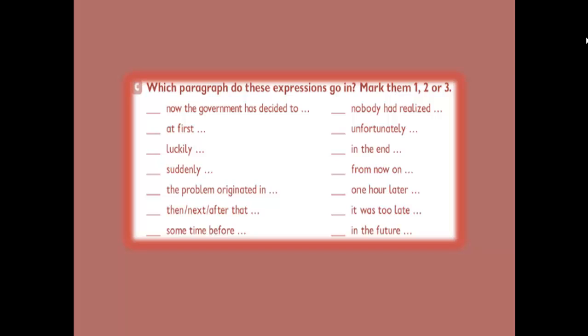Nobody had realized. Also here, number 1. Unfortunately, number 2. We are talking about the events. In the end, we are talking about the future, what will happen now. From now on, we are talking about the future.